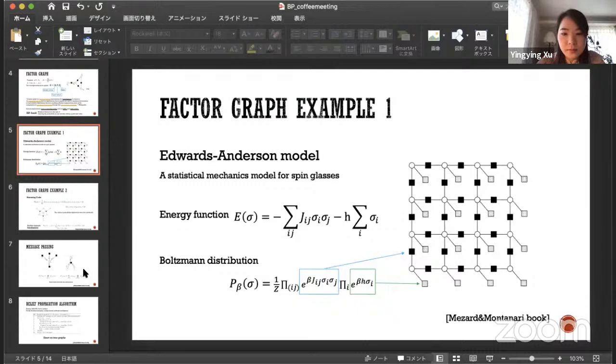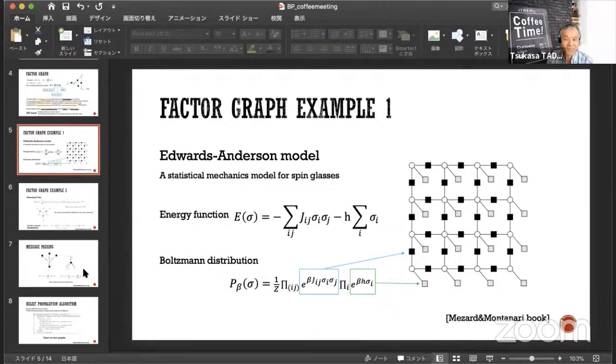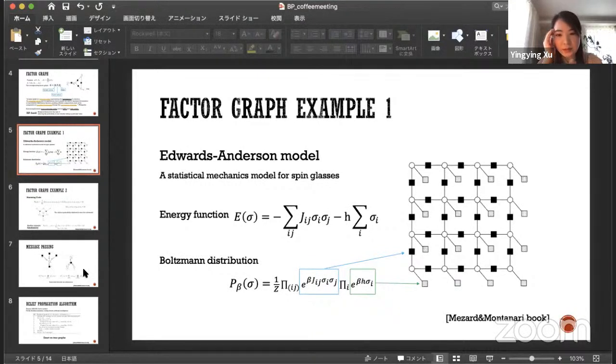I was wondering if this message passing framework is focused on that aspect. It's just another approach. It can do the same thing compared to other approaches, for example the replica method, which is comparable. It's just a different approach and it's computationally efficient. Also, you can see the dynamics of the process.